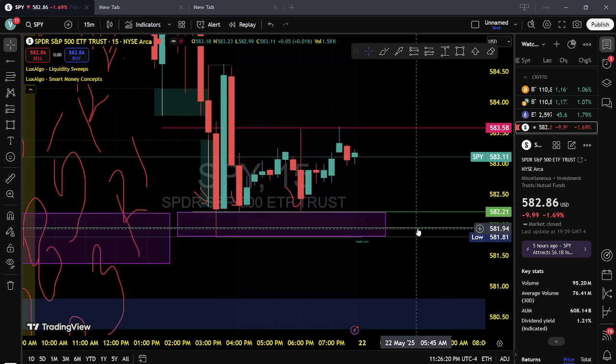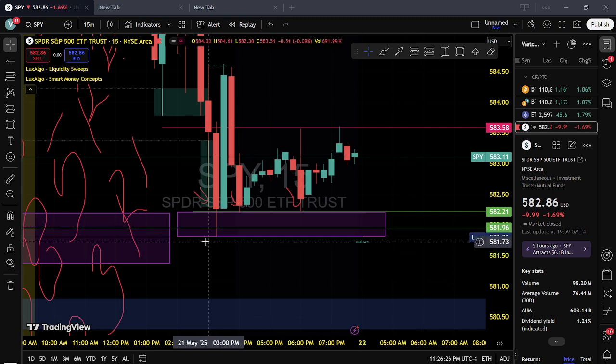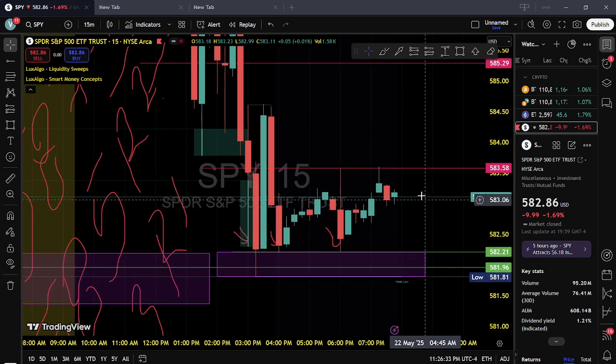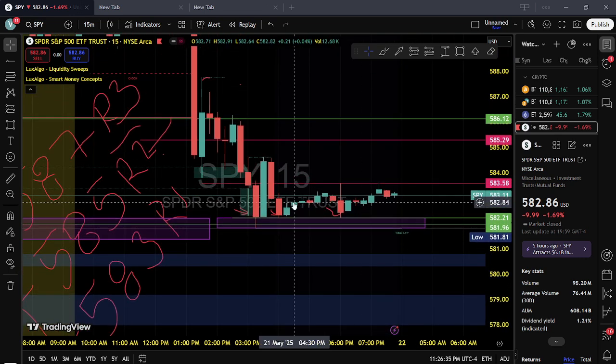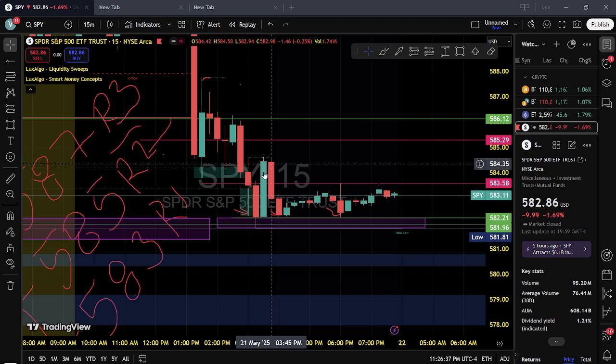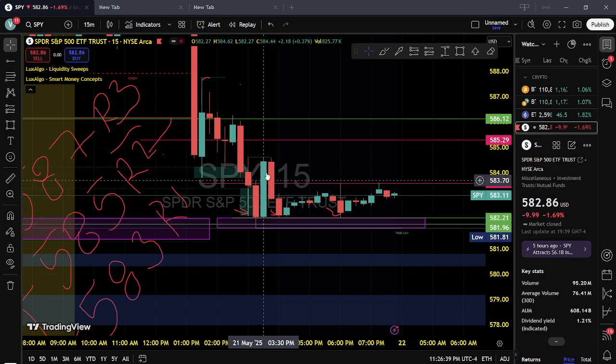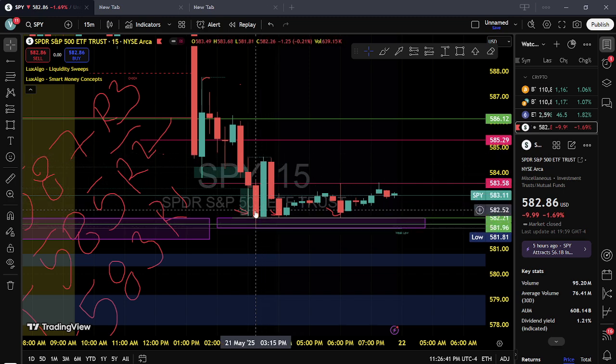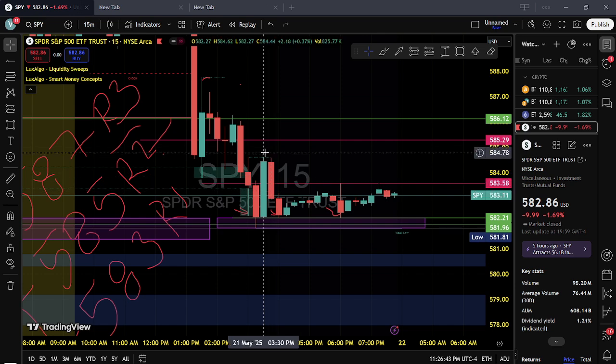So guys, I'm telling you, 581.95, be very, very careful here. See, it tapped already. You see? Tapped right on the 15 minutes, it tapped. And that's why we see a bullish move came at the end of the day, and now they try to break this. Oh, right, so here we go.